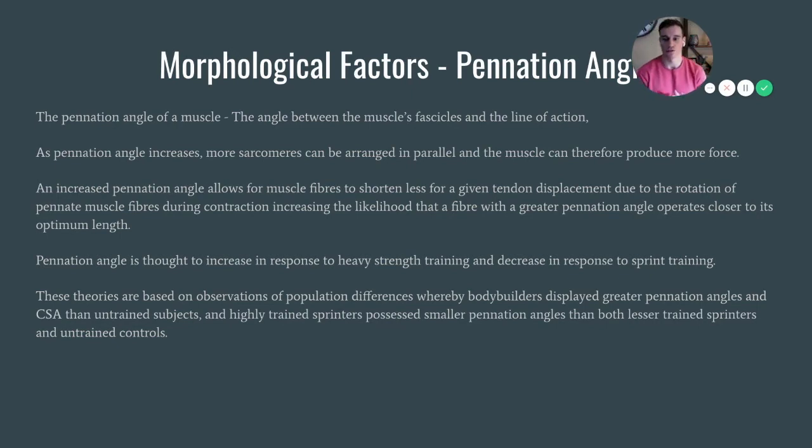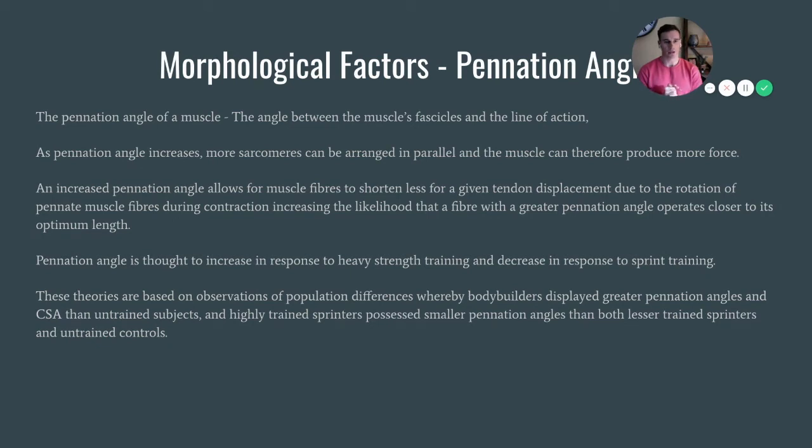These theories are based on observations of population differences, so comparing bodybuilders, who display greater pronation angles and greater cross-sectional areas, to untrained subjects, but also comparing highly trained sprinters with lesser trained sprinters and untrained controls. So, very different populations, but comparing the changes in how those muscle fibers are arranged.